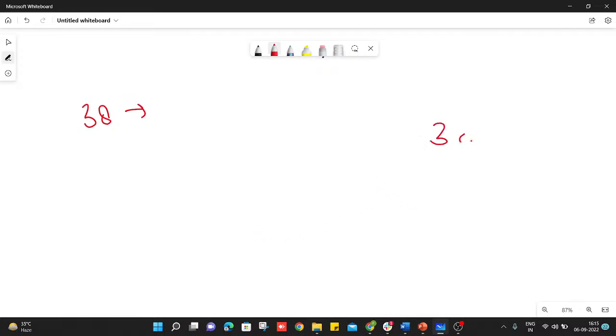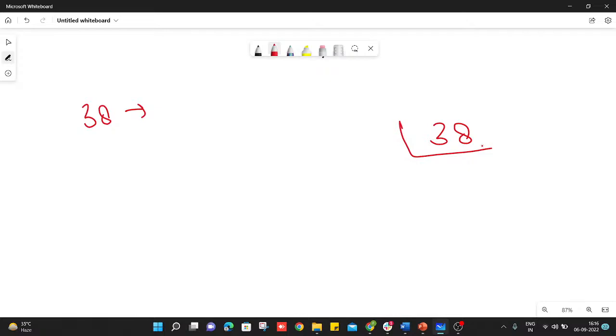We will divide 38. It's your turn to tell me. Is 38 an even number or an odd number? Please tell me. Okay, because in the ones place of 38 we have 8.